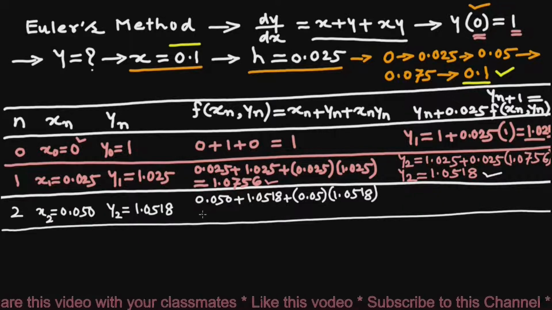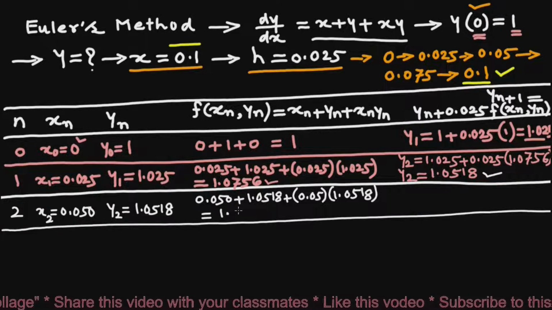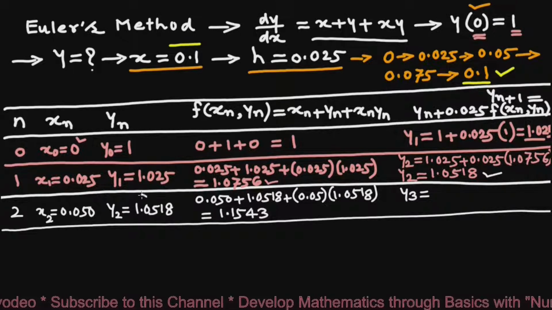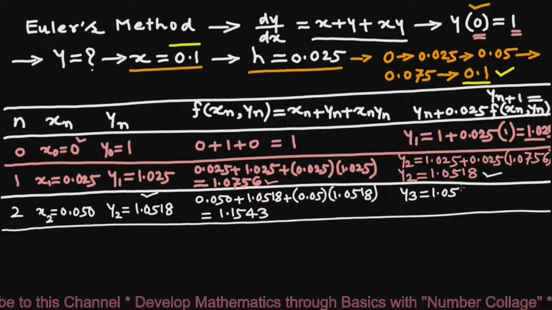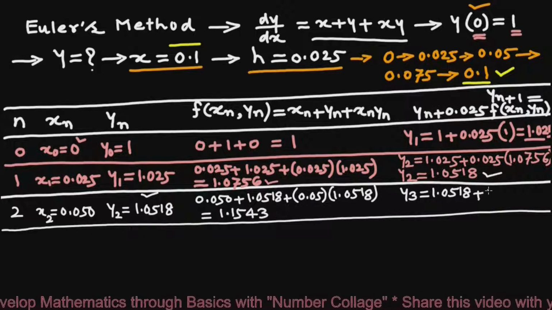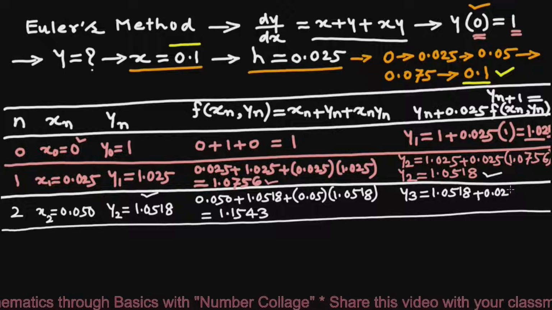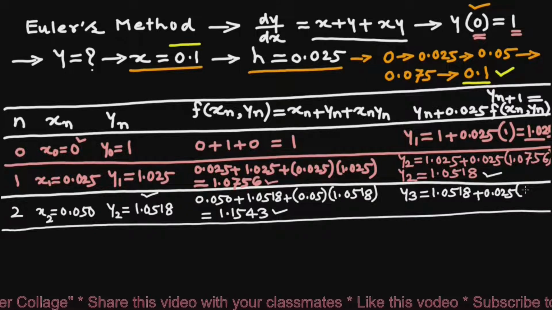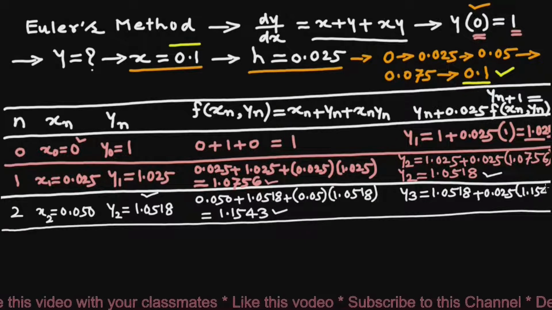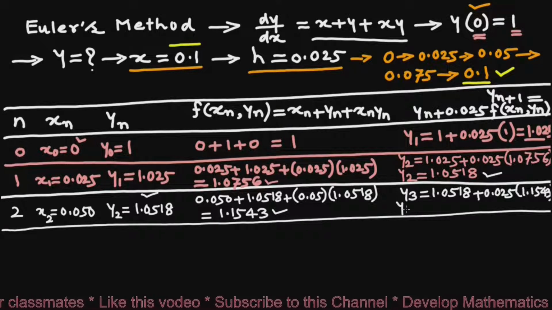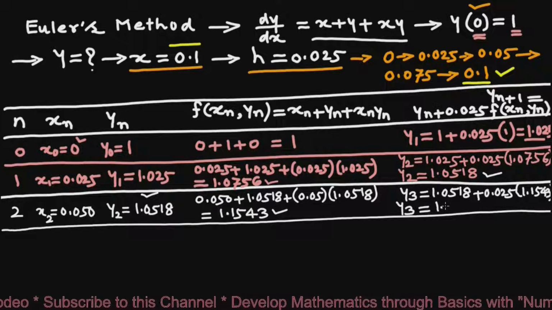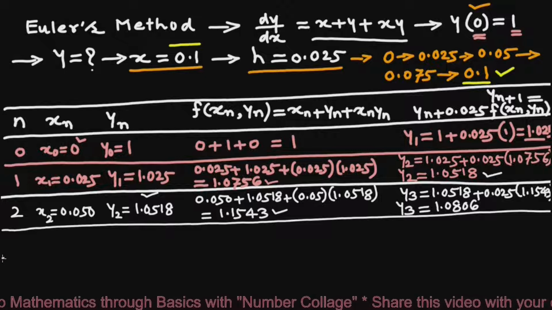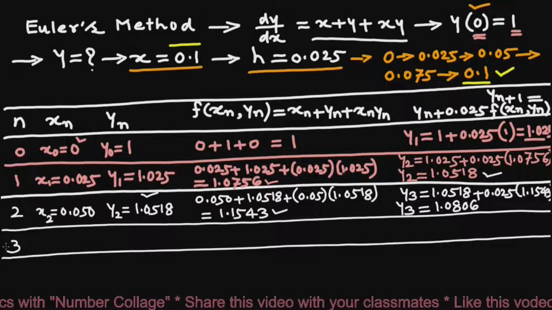This on calculator works out to be 1.1543. y3 will be y2, which is this 1.0518, plus 0.025 multiplied by this f of x2 y2, that is 1.1543. So that gives us y3 equals 1.0806 by calculator.